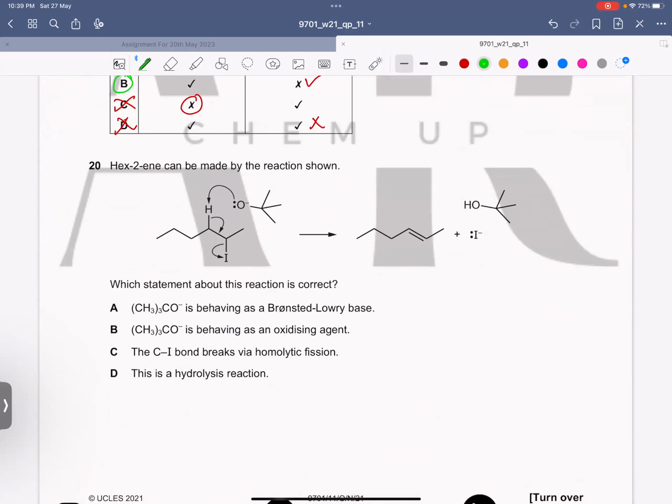Now from 20 onwards to question number 30, you will find all the organics. X2-ene can be made by the reaction shown. Okay. If you see the mechanism, which statement about this reaction is correct?